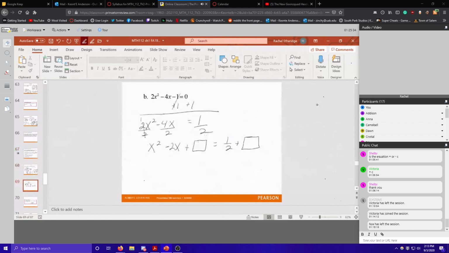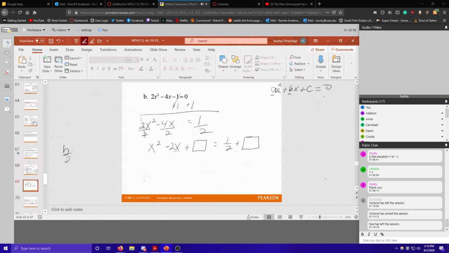So the b is the coefficient next to the x term. Remember standard form: ax squared plus bx plus c equals 0. That's the b. A is always next to the x squared term.